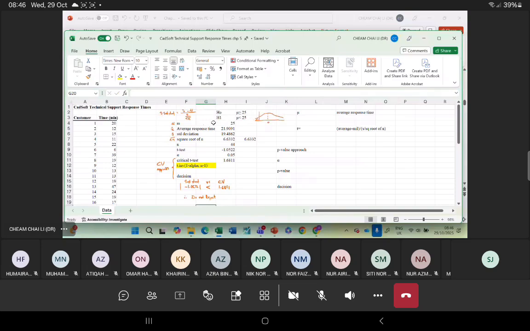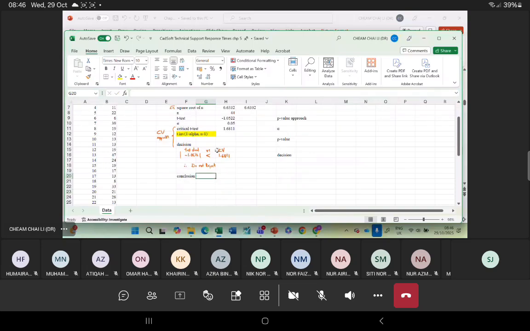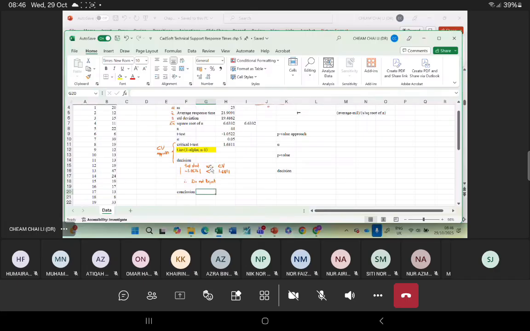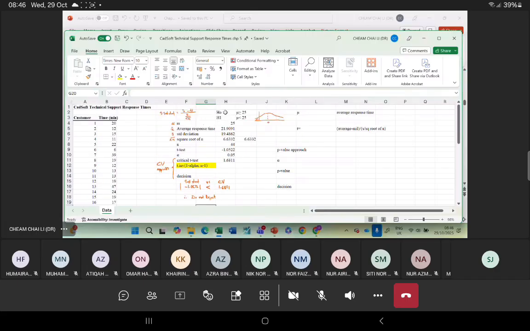So kita tak ada bukti yang cukup untuk support sebab kita punya decision do not reject H0 kan. Jadi kita kena buat conclusion based on the null hypothesis. Boleh ke?